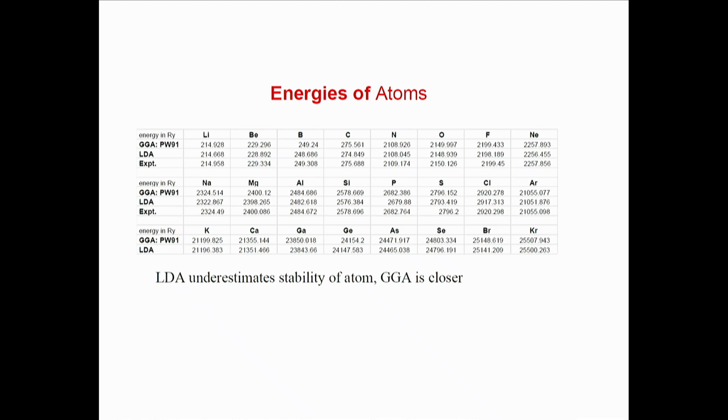So it's something that you measure by taking an atom and removing one after the other the electrons. So you sum the ionization potentials until the last one, and then you have the total energy of the atom. And this absolute energy is quite well reproduced in LDA and GGA. LDA tends to underestimate the stability of atoms, while GGA is better.